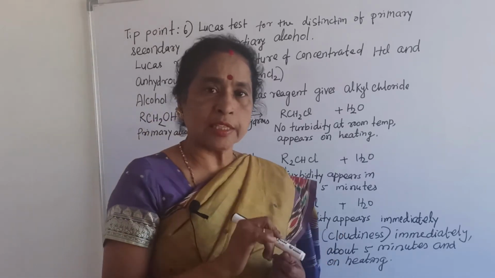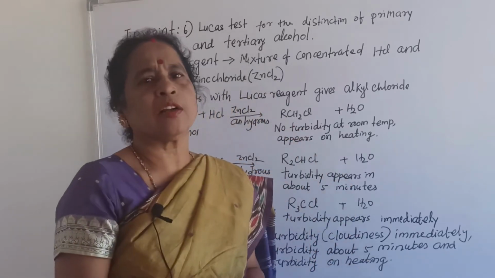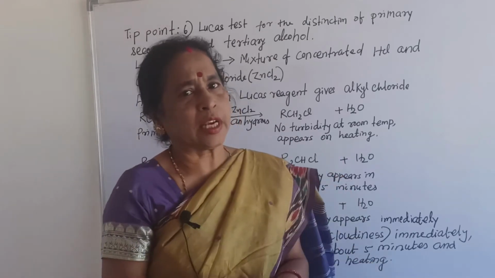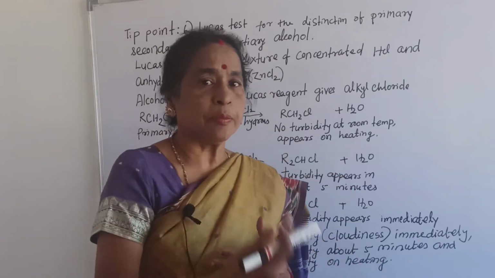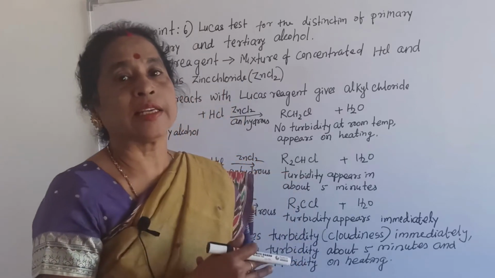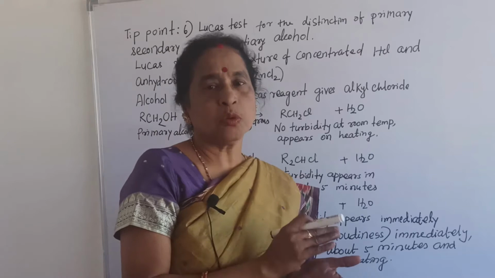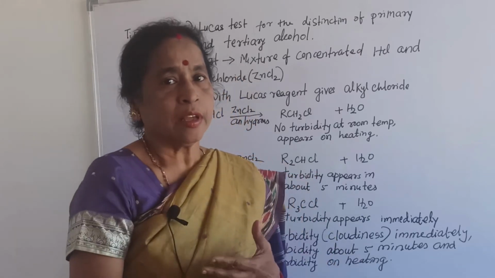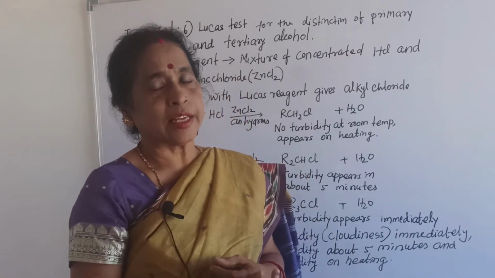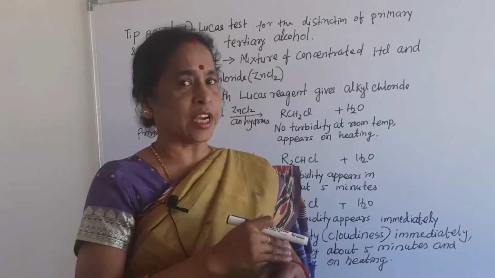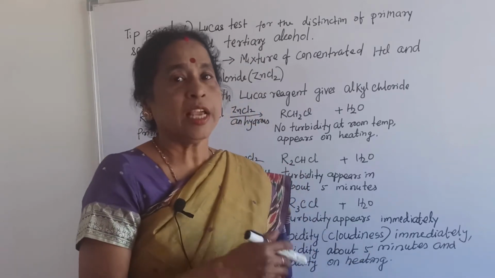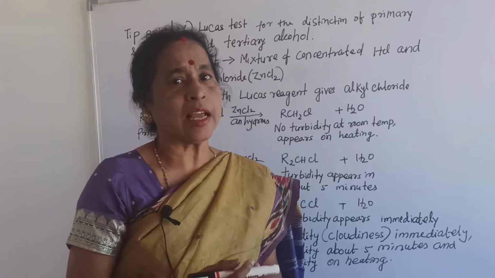When Lucas reagent is treated with any alcohol, whether primary, secondary or tertiary, it will produce an alkyl halide. If a primary alcohol reacts with the Lucas reagent, it will give a primary alkyl halide. If a secondary alcohol reacts, it will give a secondary alkyl halide.